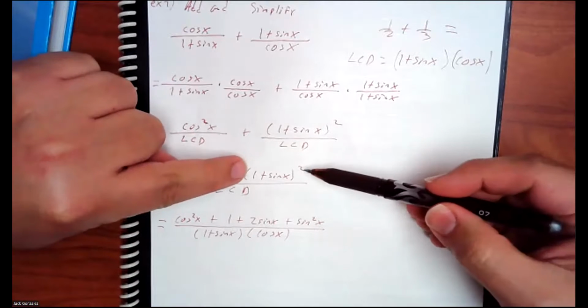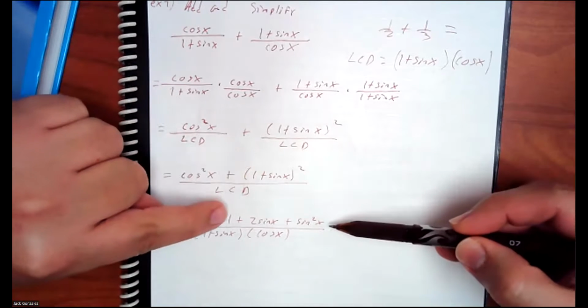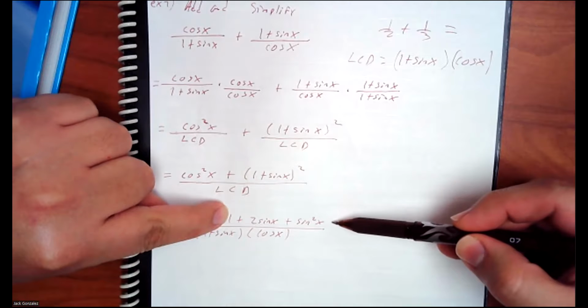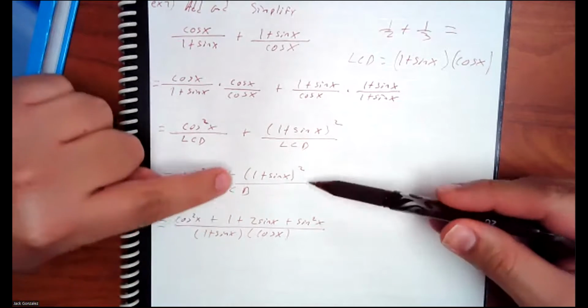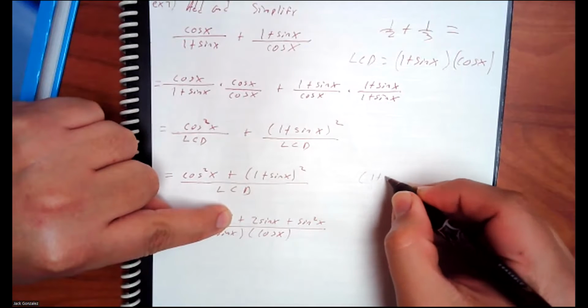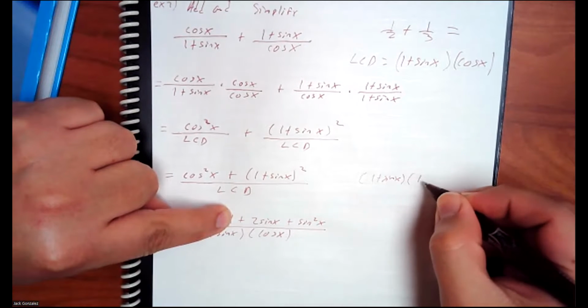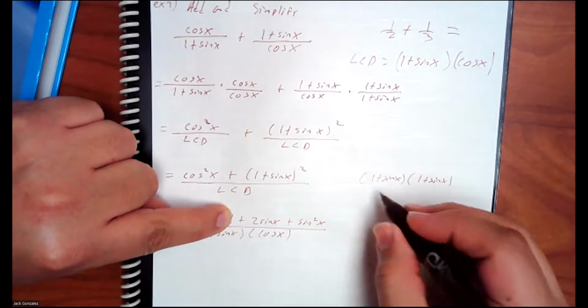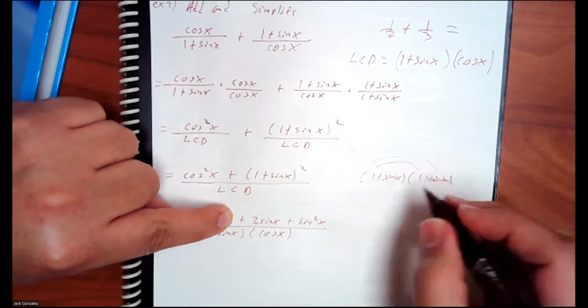So FOIL this guy, and you're going to get these three terms. You guys see how that happened? I haven't been showing the FOILs, but do you agree that 1 plus sine times 1 plus sine, right? 1 times 1, 1 times sine.